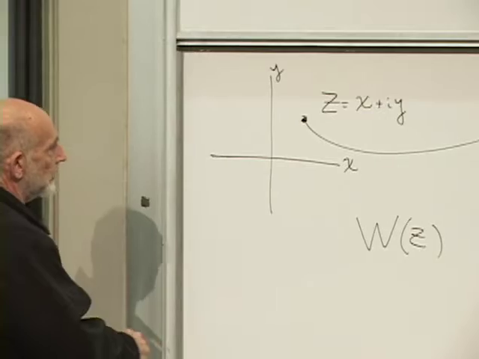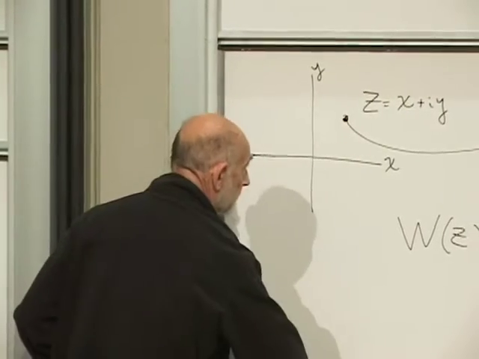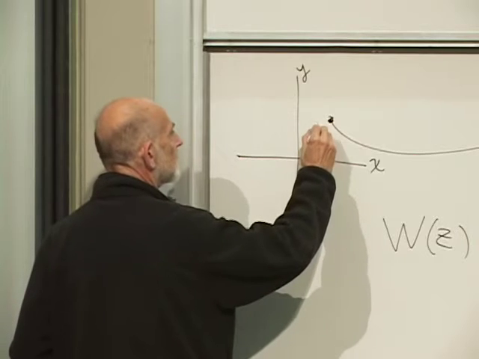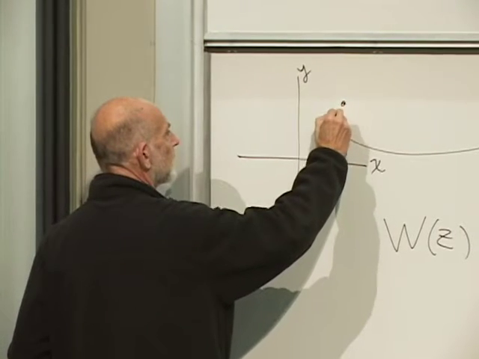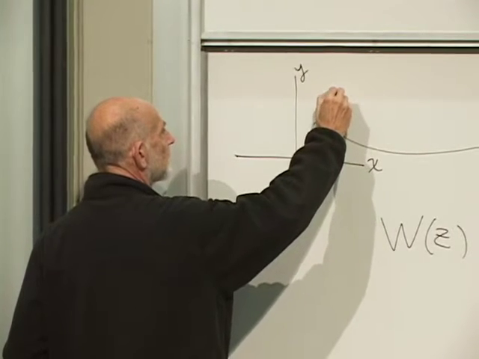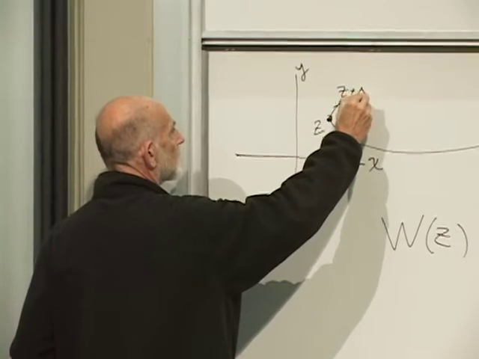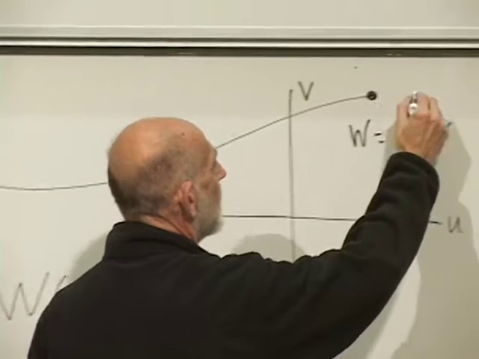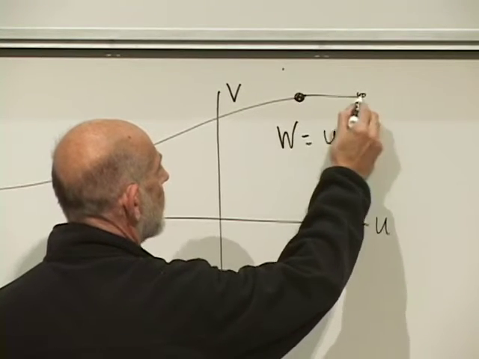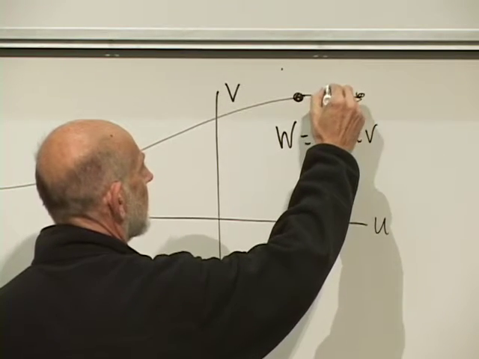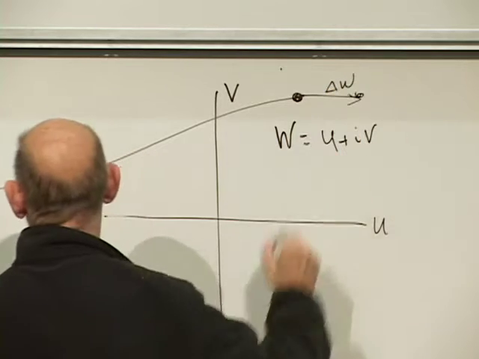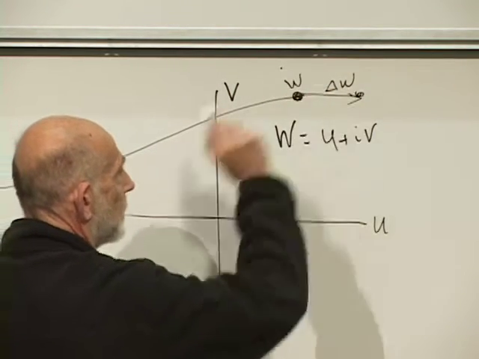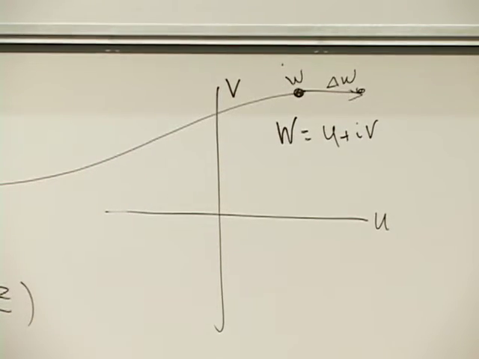Let's move the point z a little bit to z plus delta z. When you do so, w will move to w plus delta w. Here's w, here's w plus delta w.